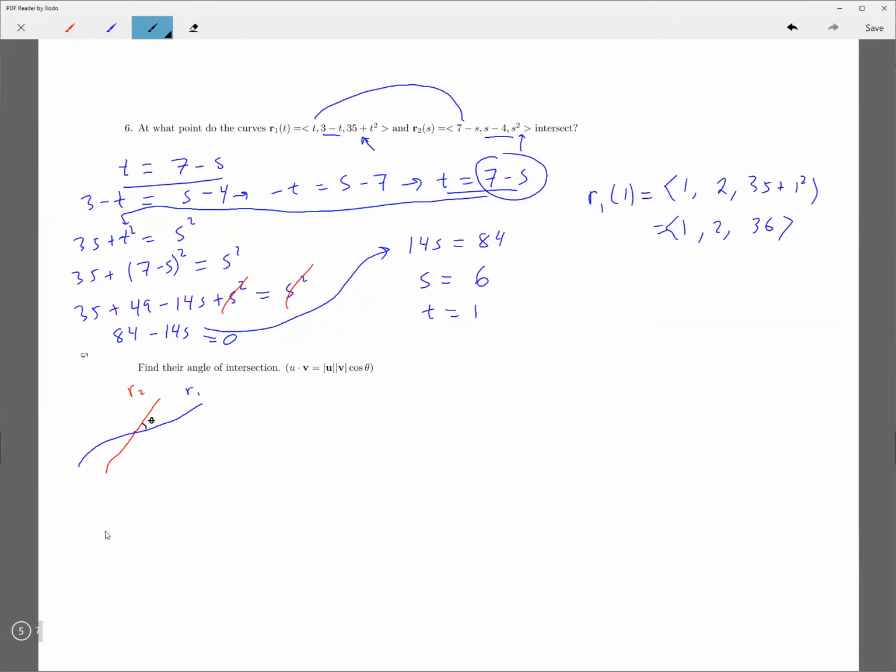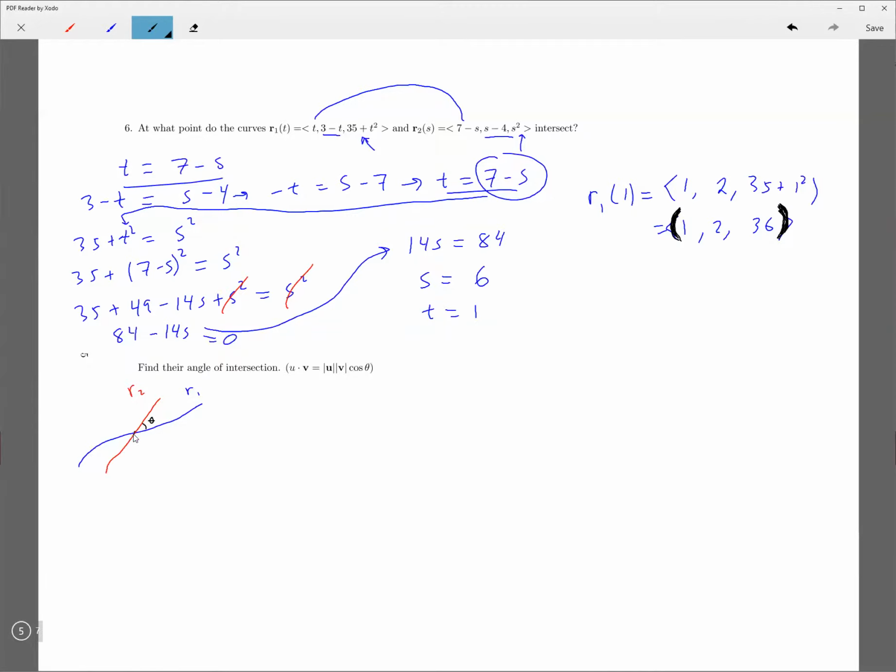Magnitude of what? Of the vector? What vector? 1, 2, 36. I don't know. Wait, this is a point, really. This is a point. Never mind. That's okay.